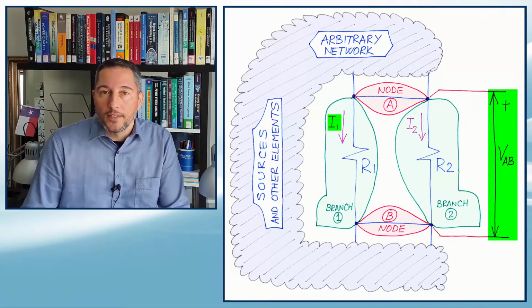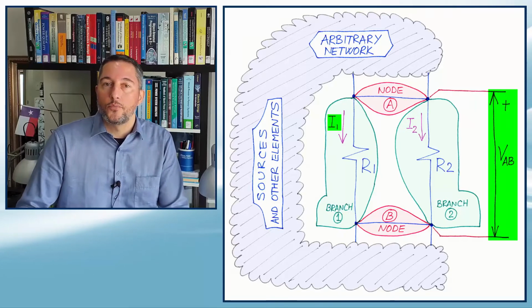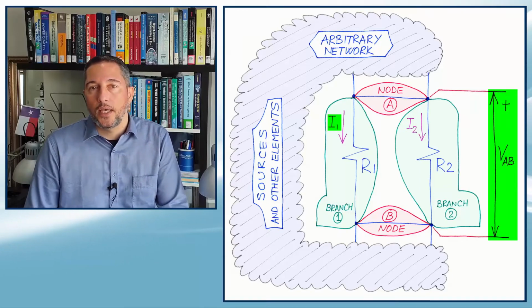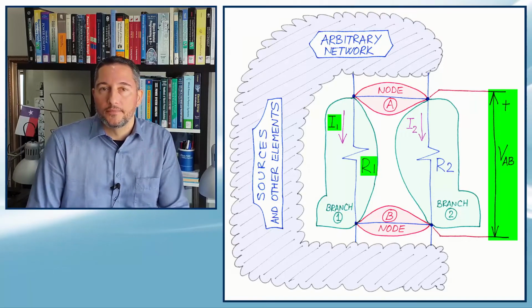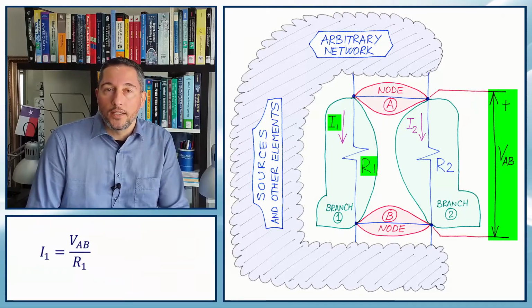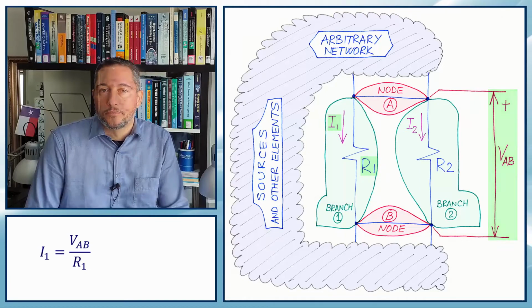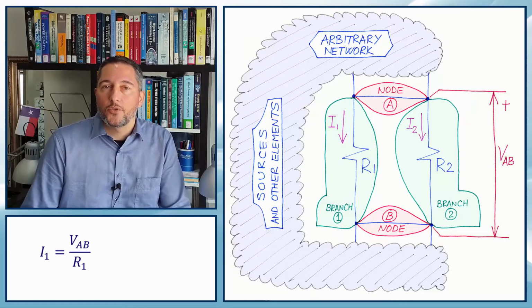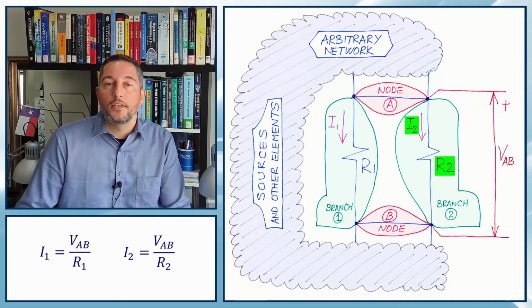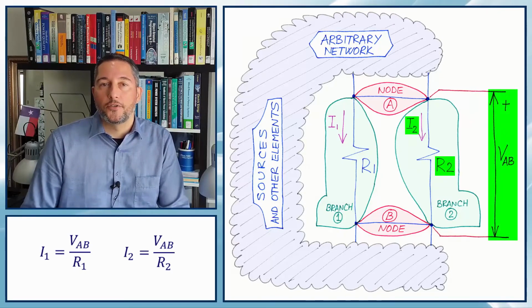Current I1 is the current that flows through branch 1, and there we have resistance R1. Therefore, current I1 will be VAB divided by R1. Similarly, in the other branch we have resistance R2. So current I2 is VAB divided by R2.